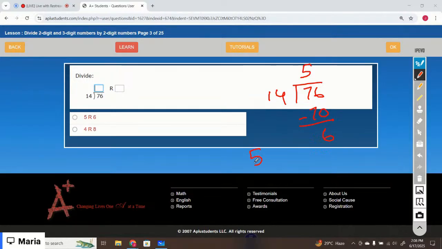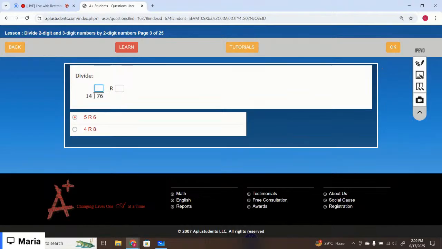So we have 5 R 6. Option number 1 is the correct option, that is 5 R 6.